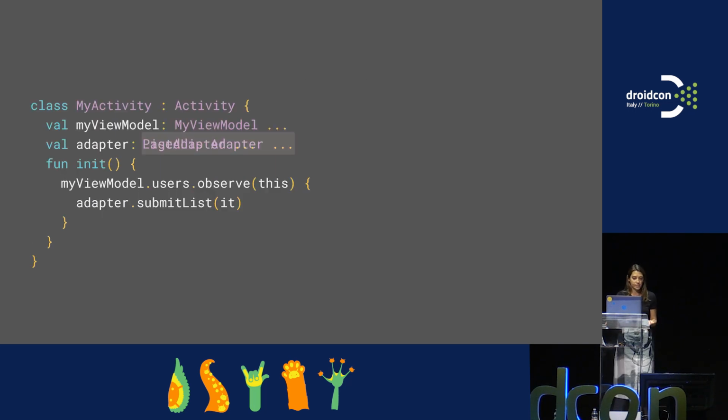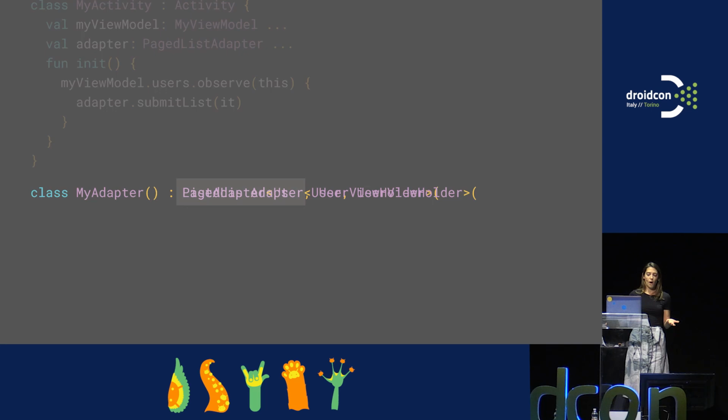Then in our activities, instead of a list adapter, we would work with a page list adapter. And then in our adapter implementation, instead of a list adapter, we would switch to a page list adapter. In the end, the page list adapter is just an extension of the list adapter that also knows how to work with the page list.